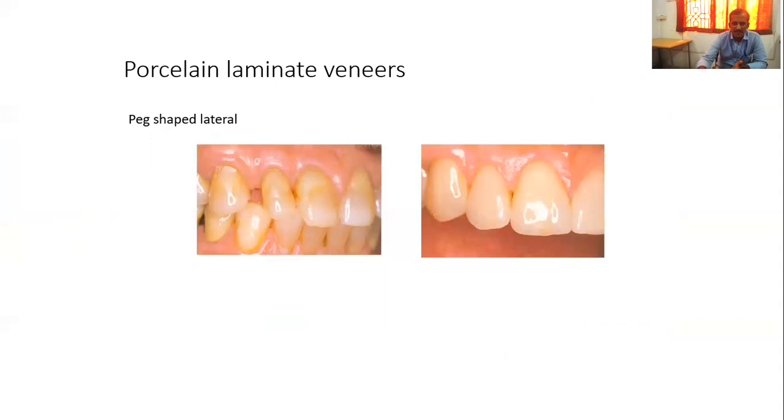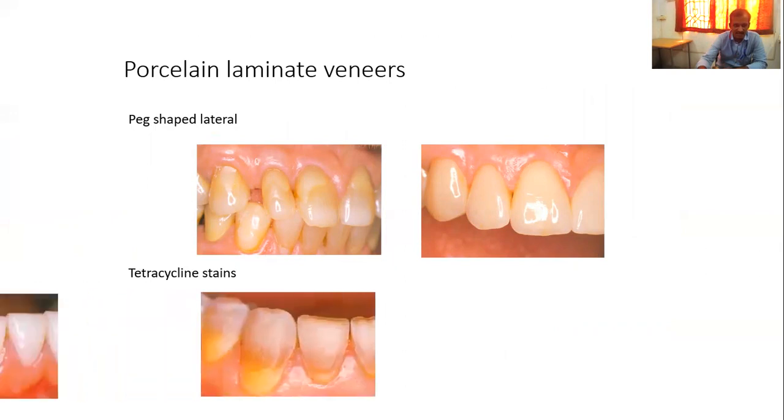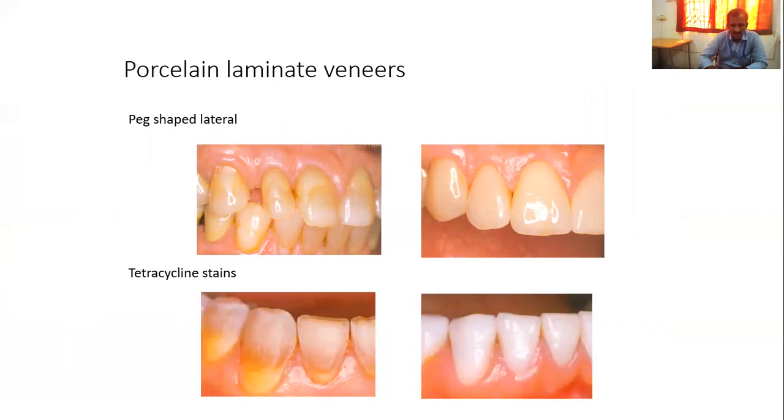The next type of replacement is with porcelain laminate veneers. In the picture, you can more readily appreciate how the abnormal shape of the lateral incisors is changed to an adequate crown through a porcelain laminate.